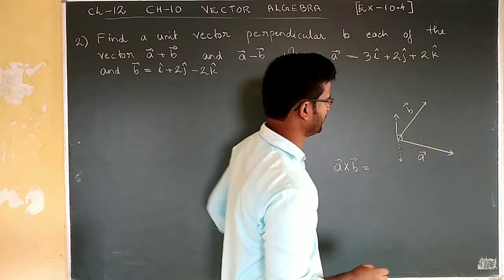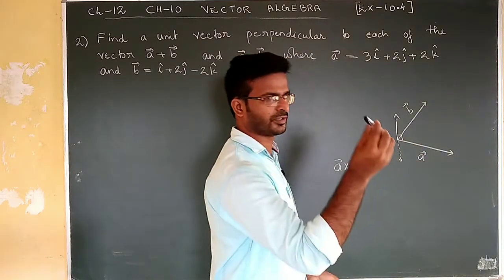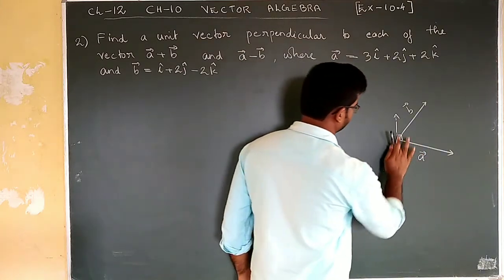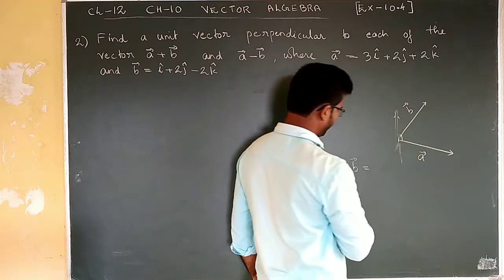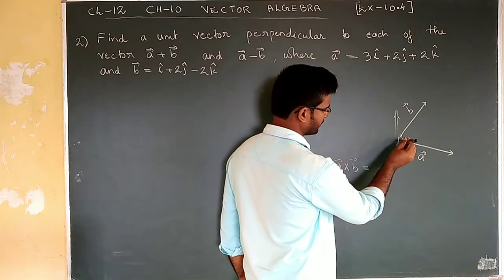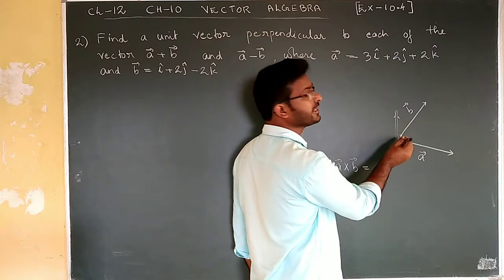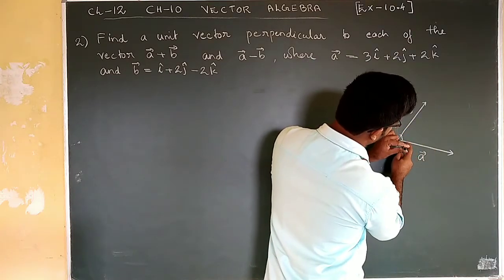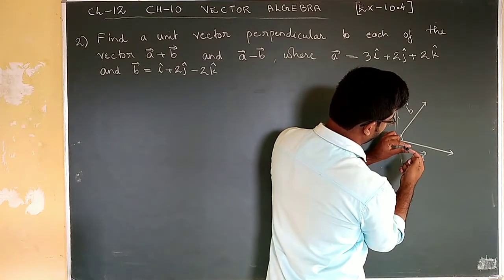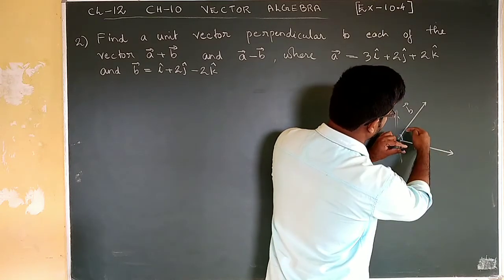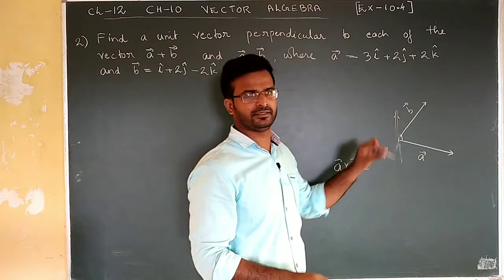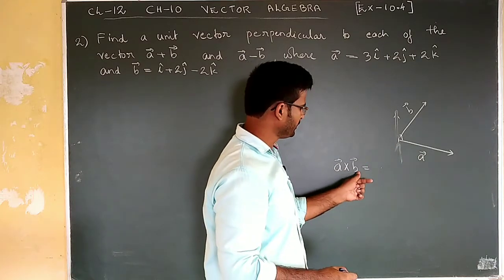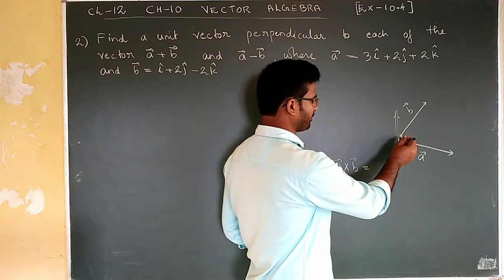For understanding, if you consider this as one vector, our A cross B vector will be just outside, otherwise going inside. What is the angle between this resulting vector and A vector? Here 90, and here also you will get 90 degrees. So if you find A cross B, you will get one perpendicular vector.